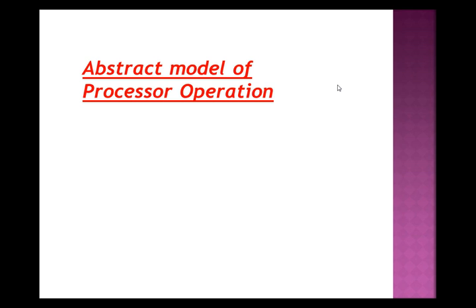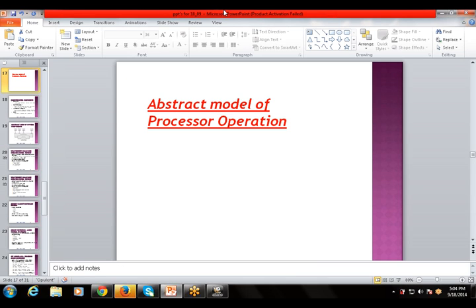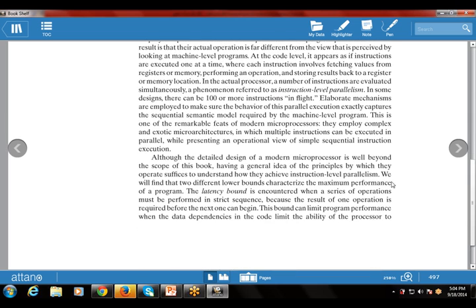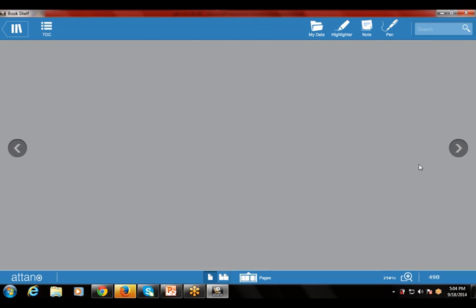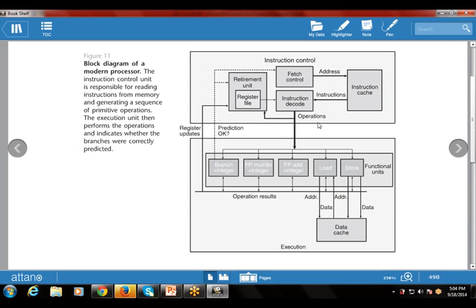Now the next topic is the abstract model of processor operation. First of all, let's see with the help of the book what we have covered in the slides. This is understanding the modern processor, this is the diagram.